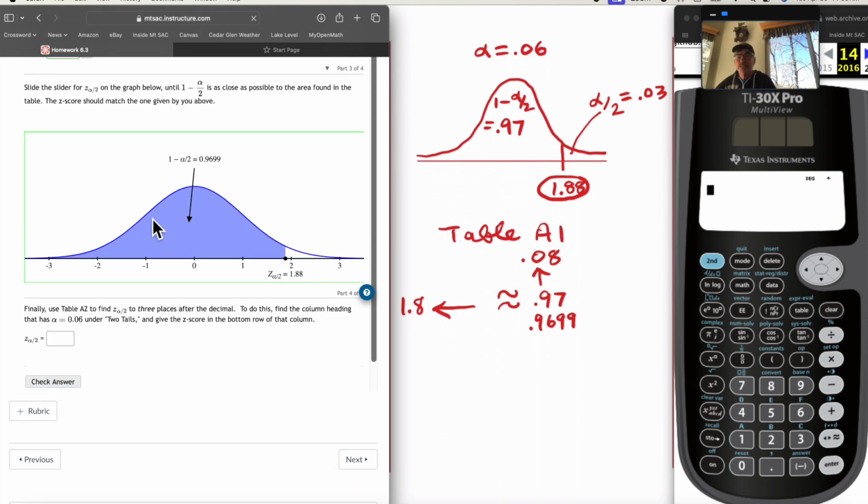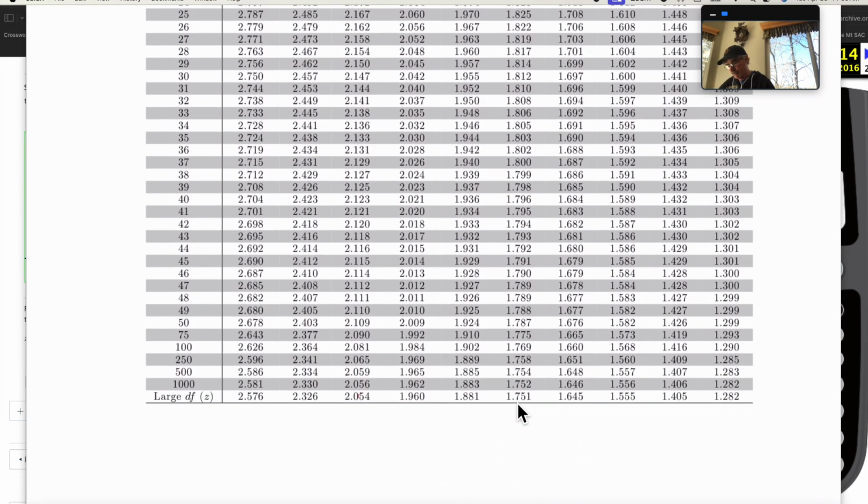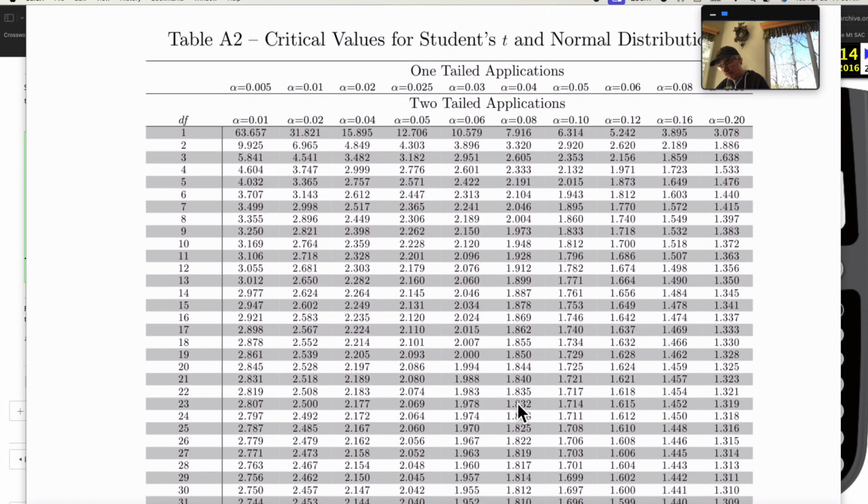And then finally, the last step is just to show you how much easier table A2 is at finding this value, and of course it's more precise. So with a 0.06 alpha, we just want to make sure we look it up under two tails. So 0.06 is right here in the middle. Go to the very bottom row.